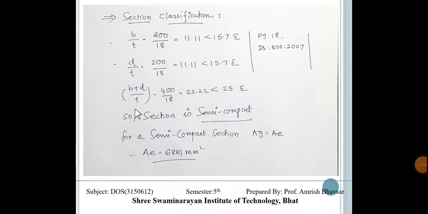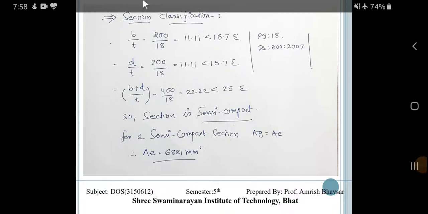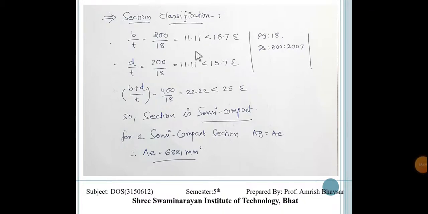B plus D upon T, that is 22, is also less than 25 epsilon. So our section is semi-compact, so we can take gross area as the effective area. So effective area for this section, that is A is equal to 6881 mm square.